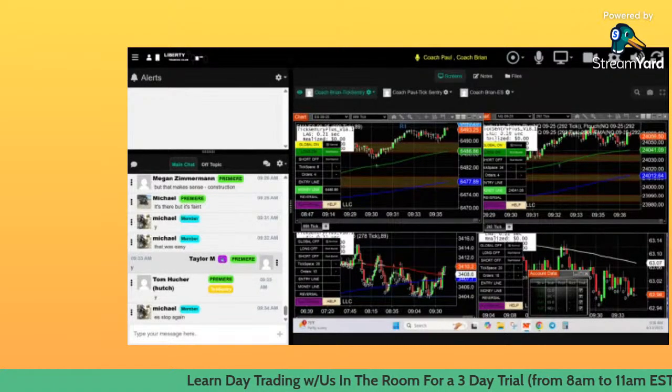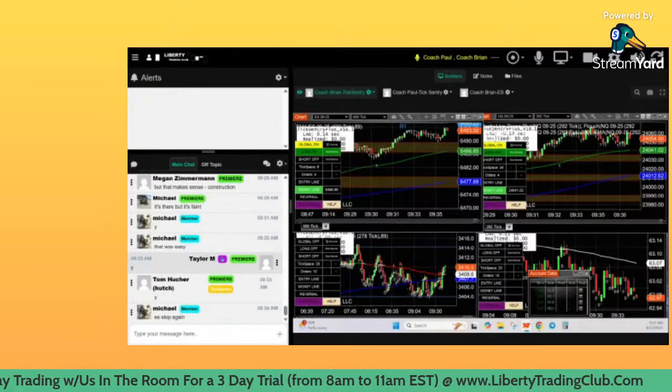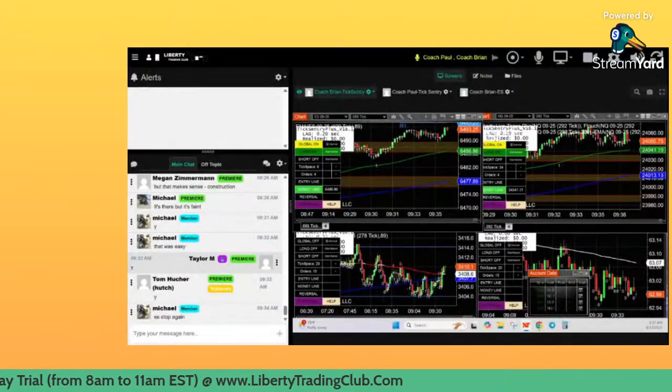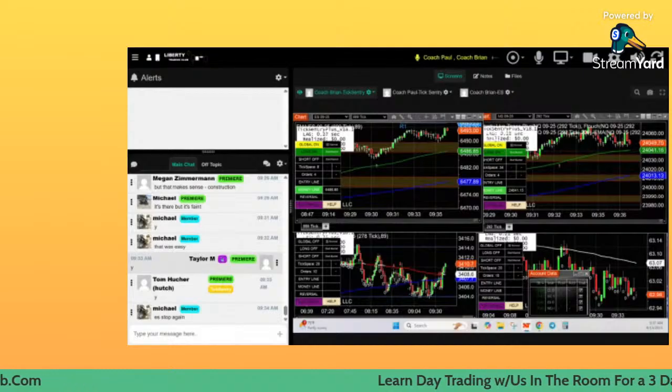All right. They just try to take some stops here. That's all, it looks like. Might get another chance here on the NQ. It's fighting with that R1 level right now.